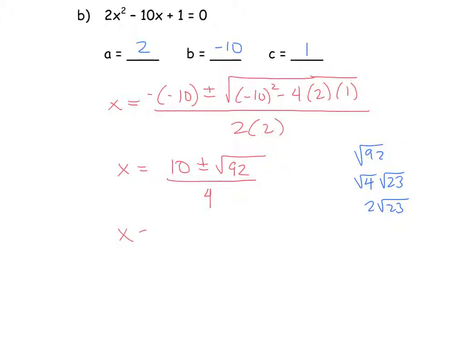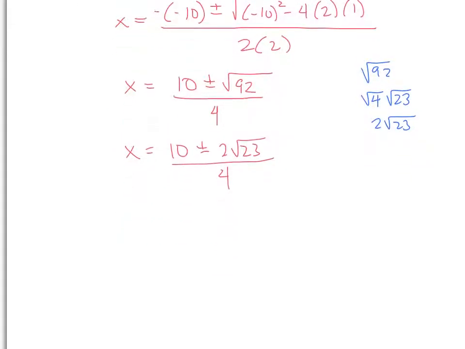So you have x equals 10 plus or minus 2 square root of 23 over 4. Okay, well, this can continue to be simplified by the fact that notice that on the numerator we have a common factor of 2. So this is 10 plus 2 square root of 23, 10 minus 2 square root of 23. So they each share a factor of 2. So what we're going to do is factor out this 2, and on the numerator we're going to have 5 plus or minus square root of 23 over 4.